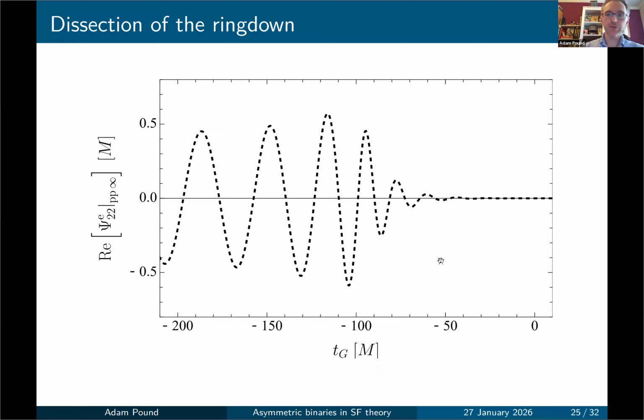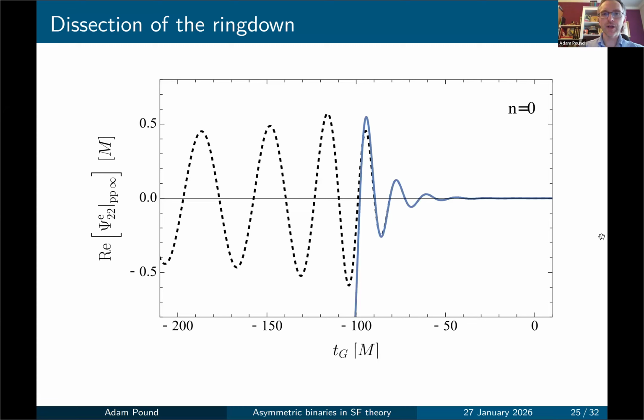And with this approach, we don't need to fit this waveform to see the QNMs. We can actually just directly, analytically, exactly calculate them. And this work had been done in the past using a similar method for leading order waveform. So this is not new to us.